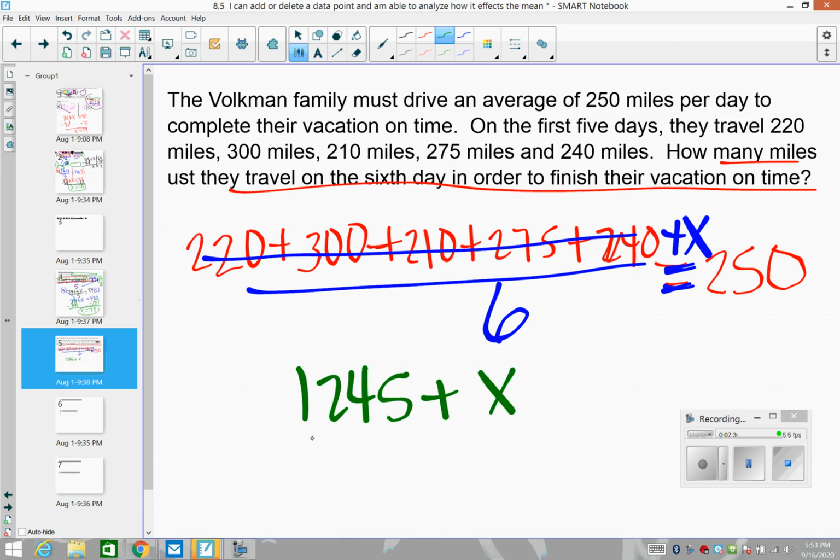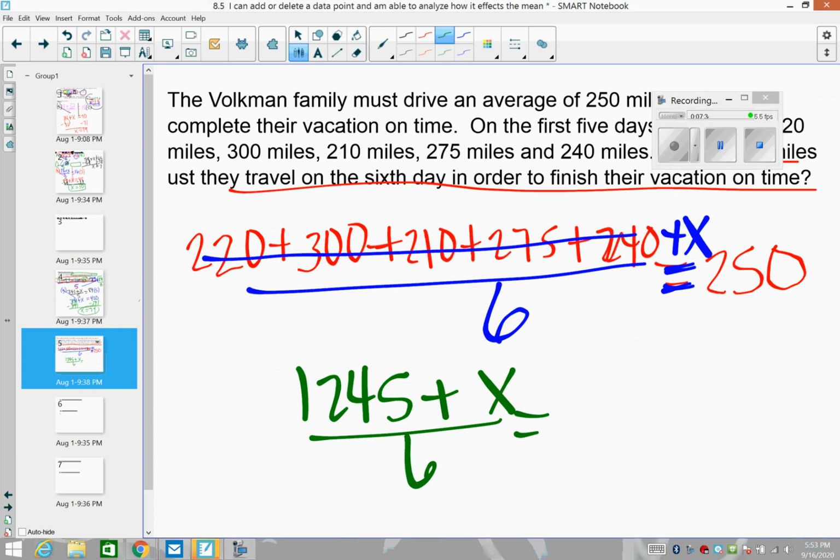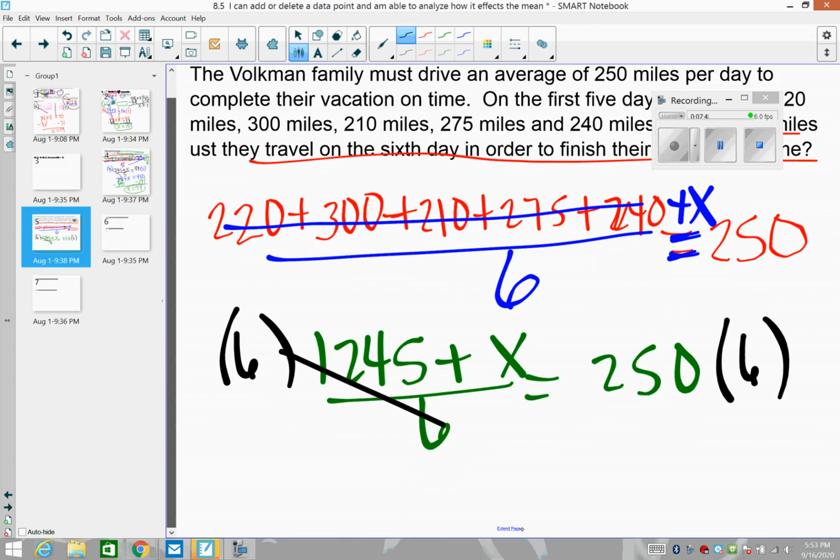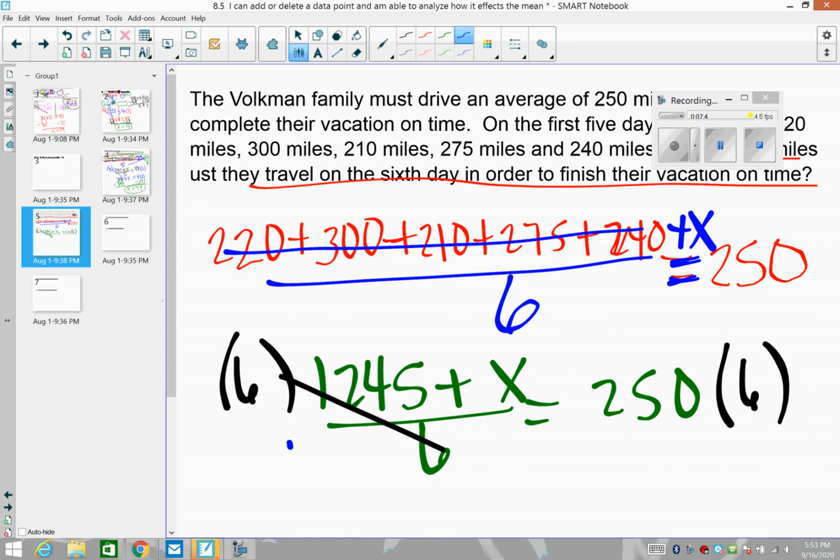Plus one more day of travel divided by 6 gives us the average of 250. So to solve that, we're going to multiply by 6, copy, paste. And so we're left with 1245 plus x is equal to 250 times 6, which is 1500.